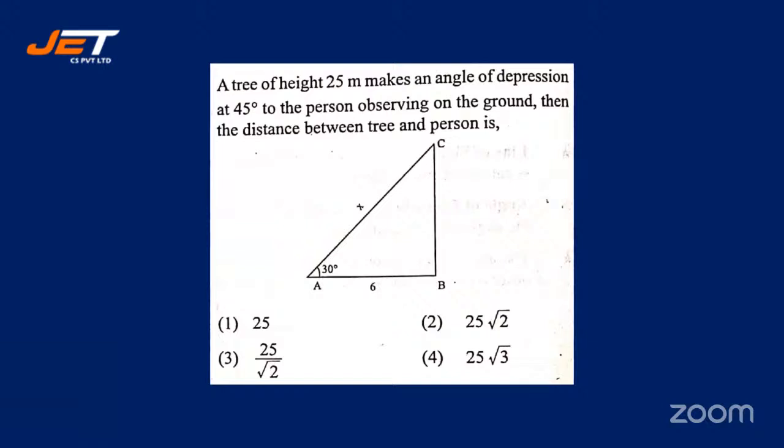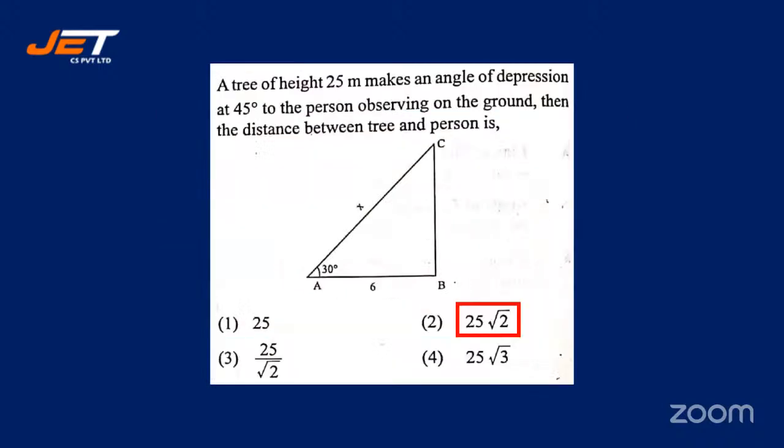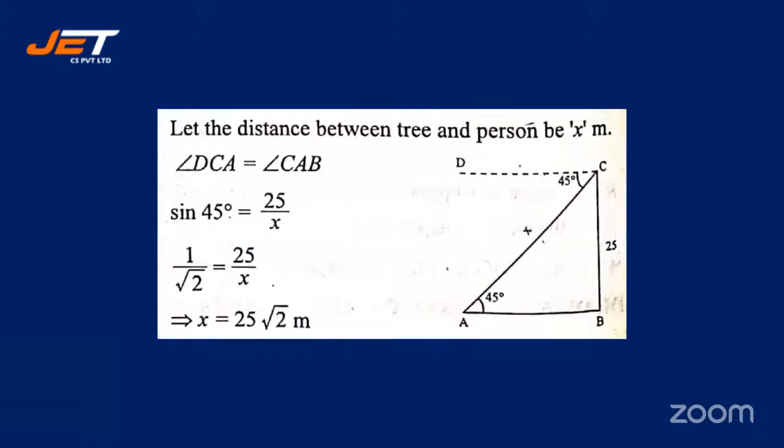A tree of height 25 meter makes an angle of depression at 45 degrees to the person observing on the ground. Then the distance between. Yes. So here I want you to just see here. Let the distance between the tree and the person be x. All right.